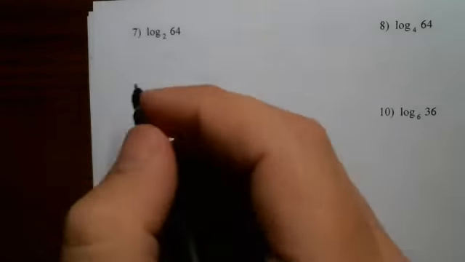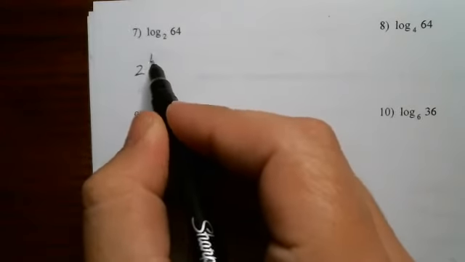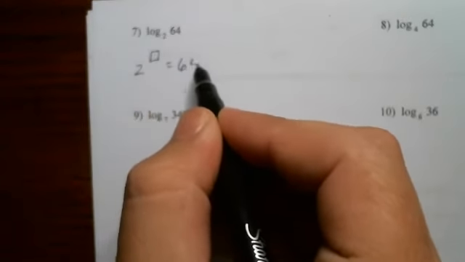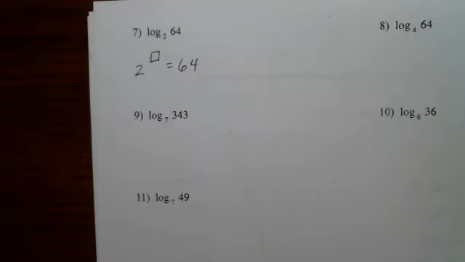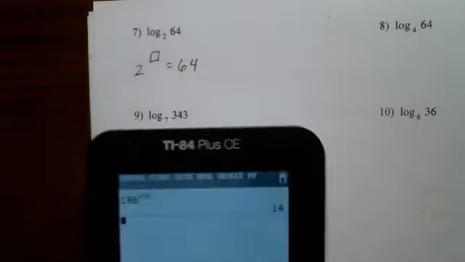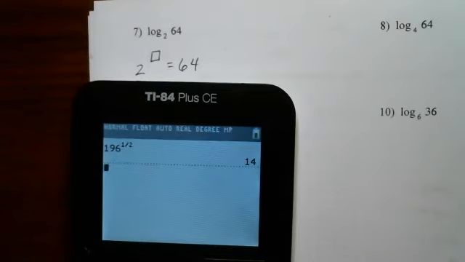So number 7, 2 to the what power is equal to 64? Well, 2 squared is 4. 2 cubed is 8. 2 to the 4th power is 16. So I would just take my calculator and start. Well, obviously you could type this in as a log, right? Hit math, alpha math, and you could say log base 2 of 64.